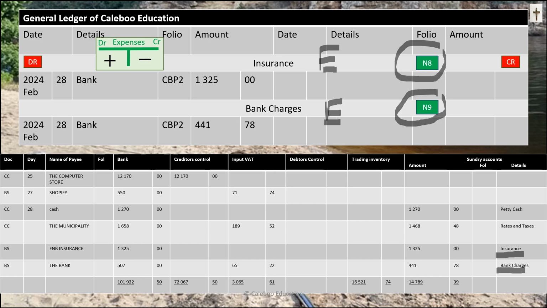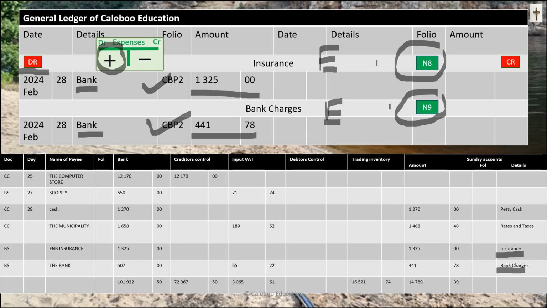When we set up these accounts, insurance was nominal account number 8 and bank charges was nominal account number 9. They are both expenses. The expense has increased. So both accounts need to be debited with the amounts of the respective transactions. So there you go. Insurance was debited, bank charges was debited, and under details you have the name of the contra account, which was bank.